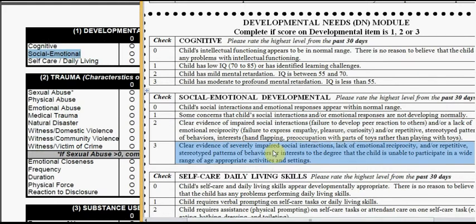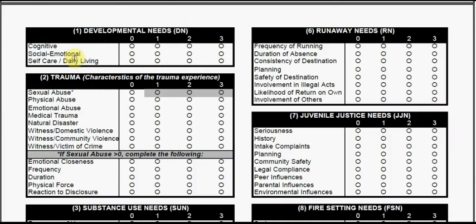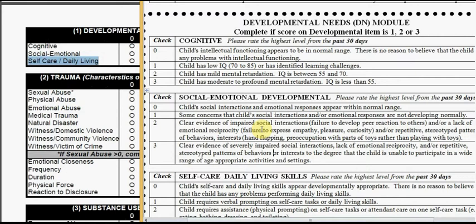In 3, there's clear evidence of severely impaired social interactions, lack of emotional reciprocity, and/or repetitive stereotype patterns of behaviors or interests to the degree that the child is unable to participate in a wide range of age-appropriate activities and settings. And finally, the last item in the Developmental Needs supplemental module is self-care daily living.